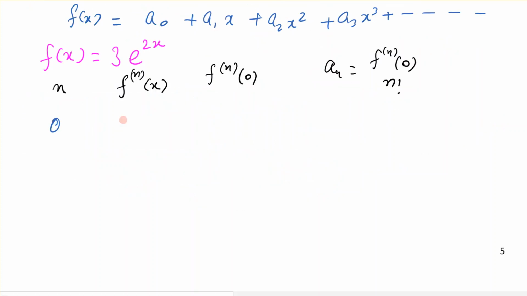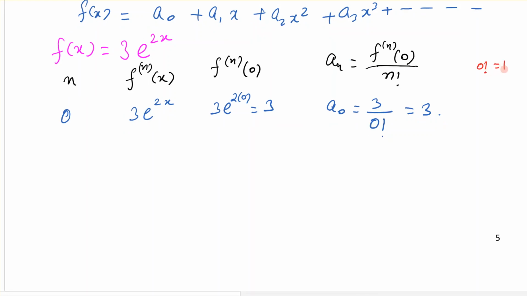When n equals 0, the function is just the original function, and the value of that at 0 would be 3 e raised to power 2 times 0, which is just 3. So a0 is 3 over 0 factorial, which is only 3. The value of 0 factorial is 1.